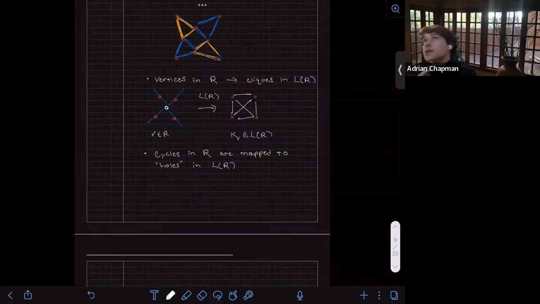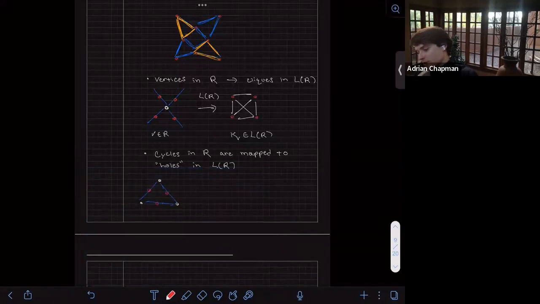Suppose we have a 3-cycle, and its edges are all incident to each other.